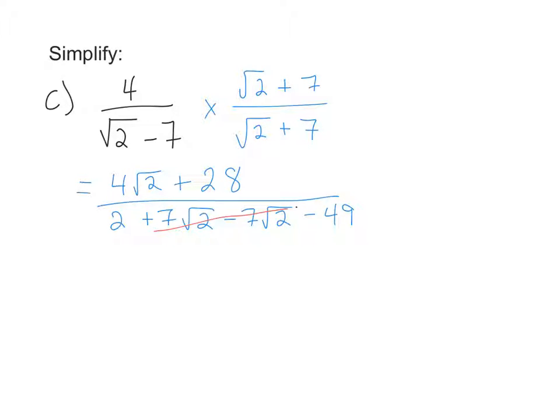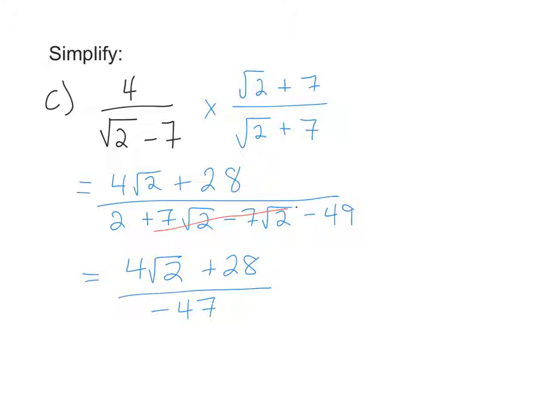It was to simplify. And to be simplified, you can't have those radicals in the denominator. So the numerator here is 4 root 2 plus 28. And the denominator is 2 minus 49, so negative 47. I'm just trying to think if that can be simplified at all.